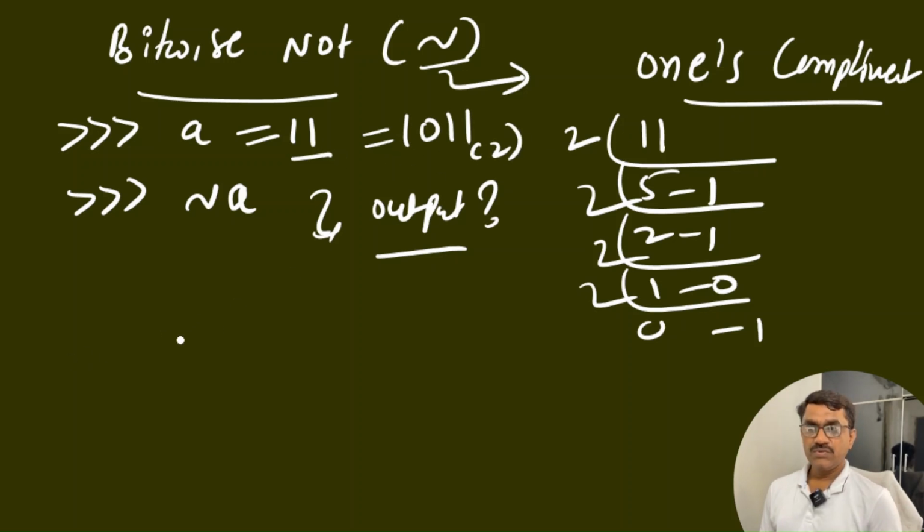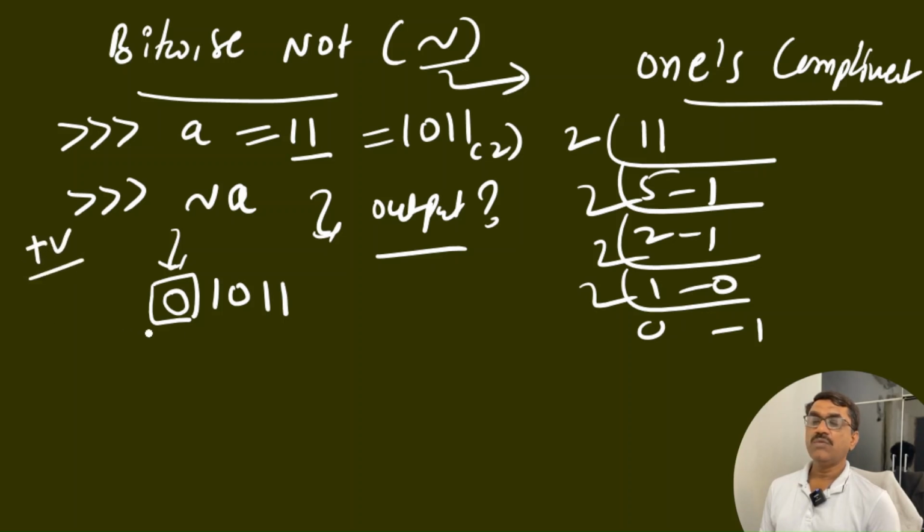Now, whenever you use the bitwise NOT operator, carefully remember that after getting the number 1011, take an extra bit for representing the sign bit. If the leftmost bit is 0, it indicates a positive number. If the leftmost bit is 1, it is a negative number.